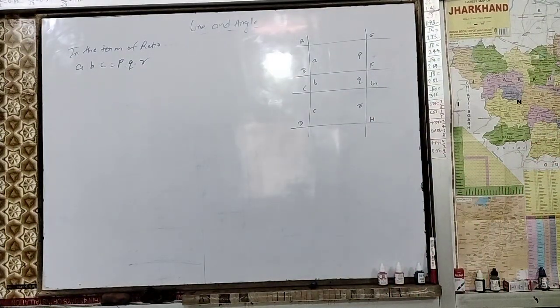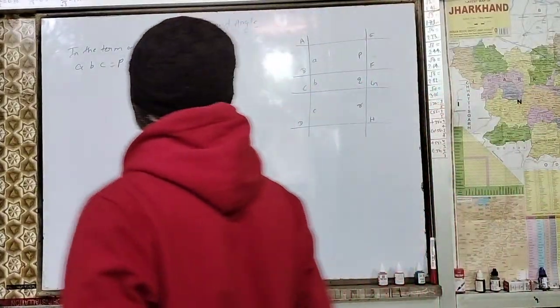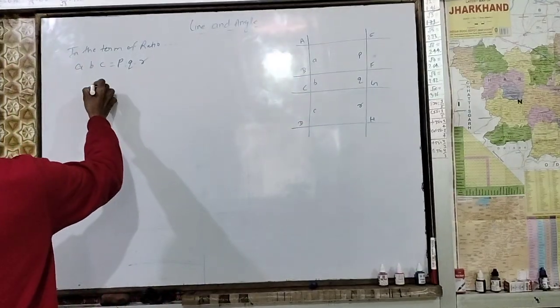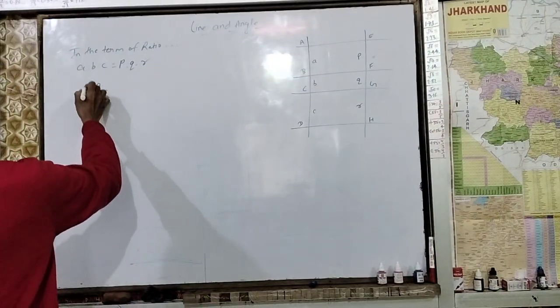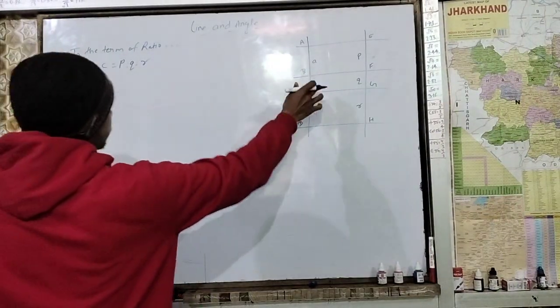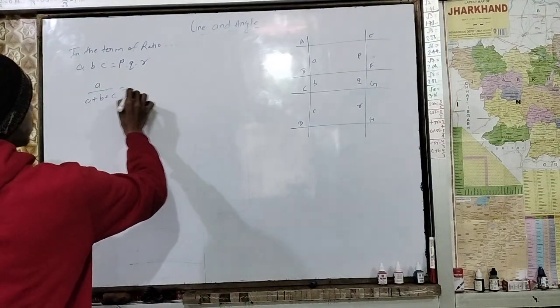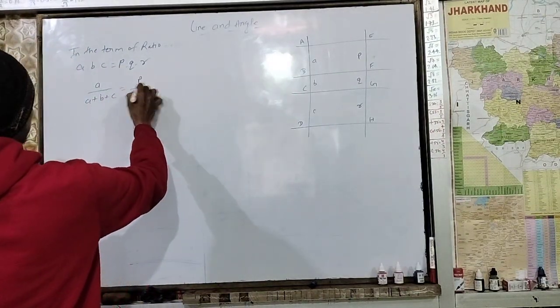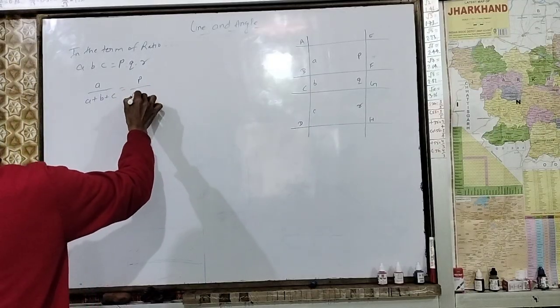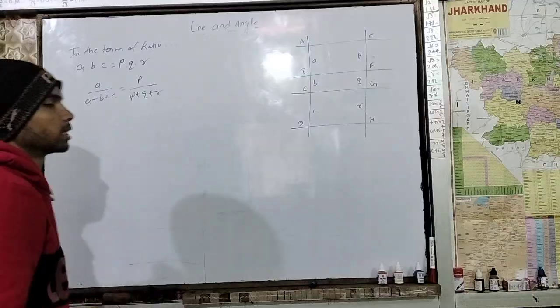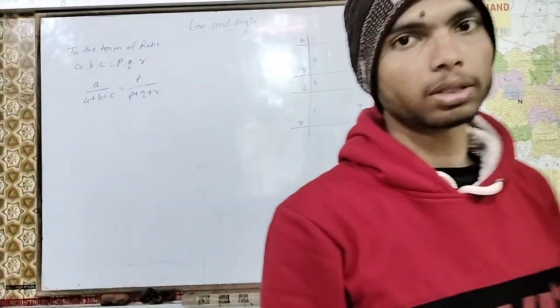Now in terms of a fraction, how to write? You will take this A, so A upon this whole A plus B plus C, and P upon this whole P plus Q plus R. That's it. We wrote this as a fraction, as a ratio.